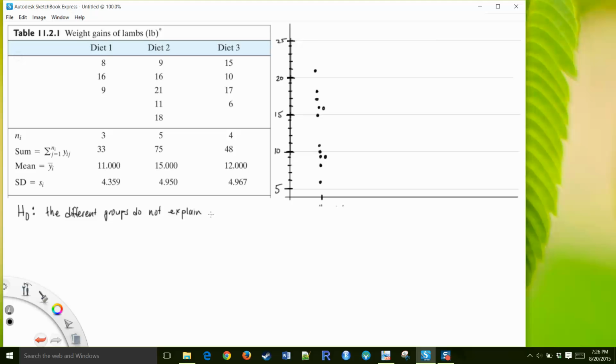The alternative hypothesis is that at least one mu is different from the others.